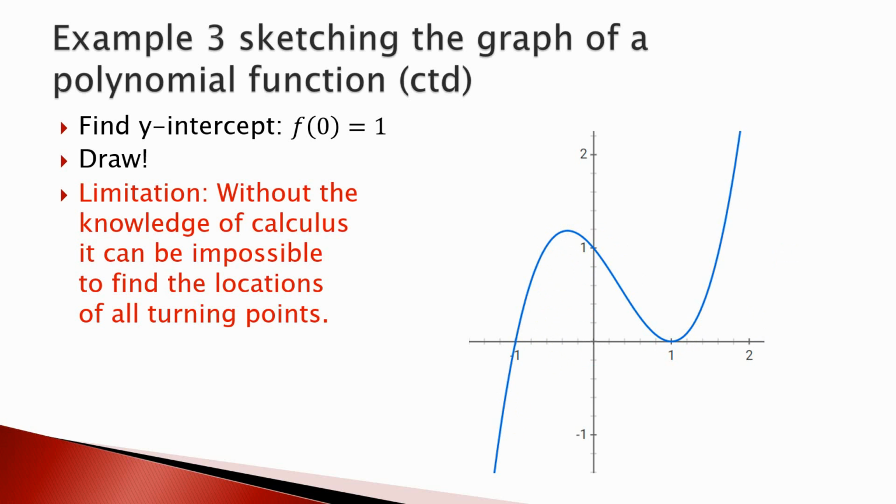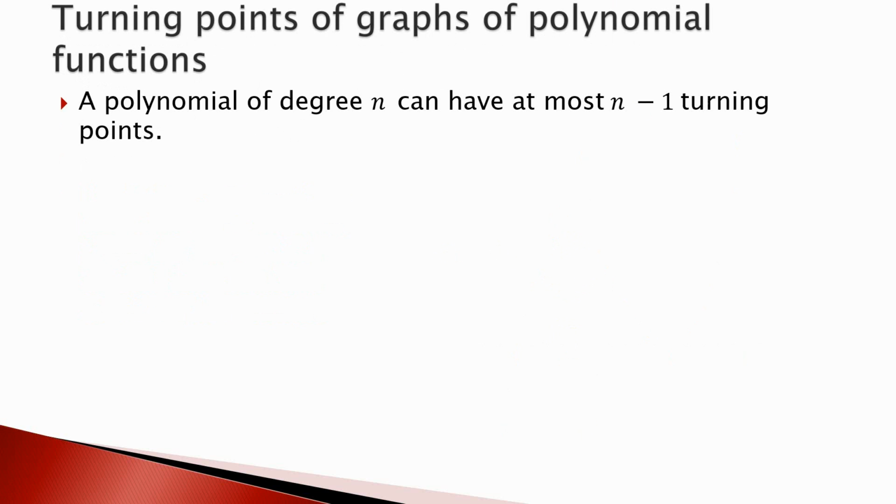So this is the actual location of this maximum point, this turning point. Because this graph was drawn using a computer, either you need a computer or you need to know calculus to find this point. Okay, now, turning points of graphs of polynomial functions.